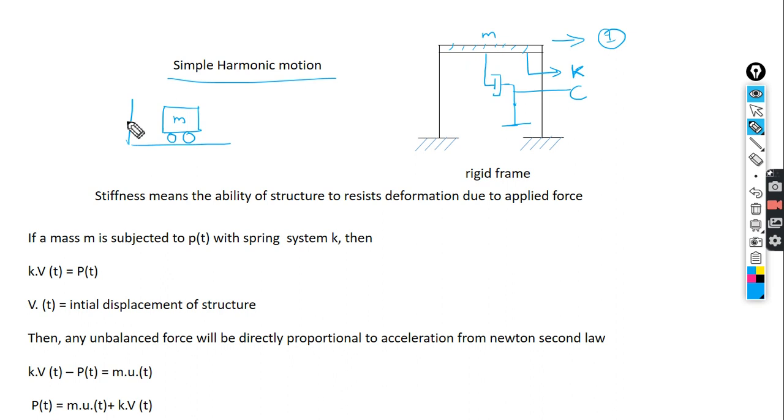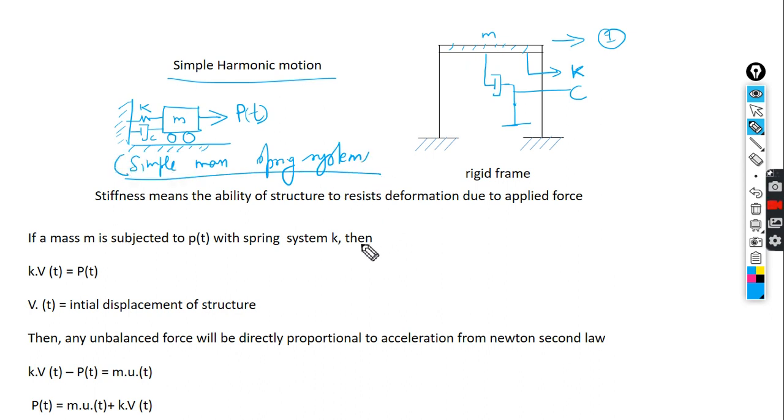Due to its mass it possesses some stiffness, represented by stiffness k, and there is a damping coefficient c. It is subjected to a force p(t), a time-dependent force. So this is a simple mass-spring system, and remember that the mass is only permitted to move in the direction of the spring.